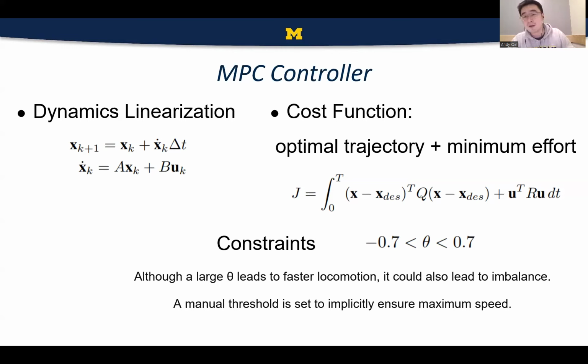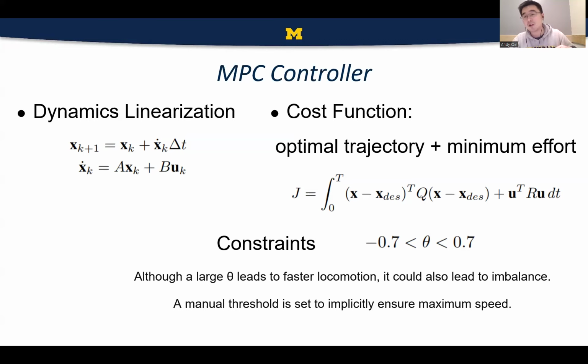But for the controller, the main constraint is the contact angle. The direction doesn't have a constraint because in 3D, the robot can be facing anywhere. It's moving freely on the horizontal plane. And for the contact angle, I've manually set it to be within 0.7 because normally a large theta could lead to faster convergence or faster locomotion, but it could also lead to imbalance.